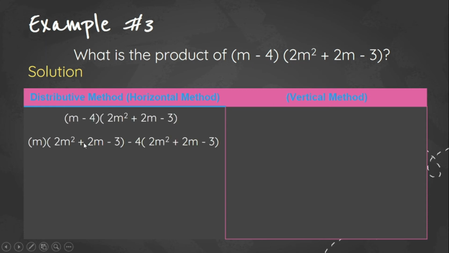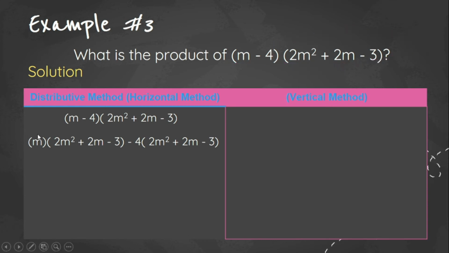First, we distribute m to all of these. We multiply m to the second algebraic expression, and we follow the sign inside. So, that is minus. Then we have negative 4, which we also multiply to everything inside. So, binomial to trinomial: we distribute each term to the next algebraic expression.